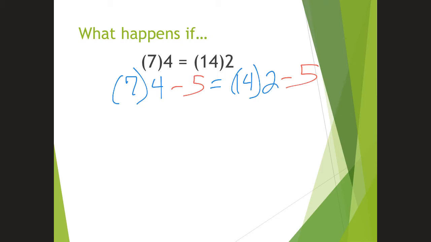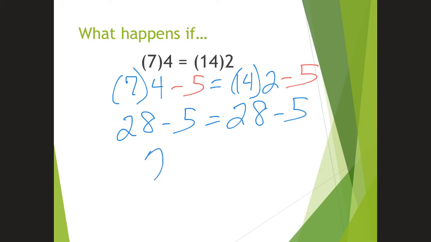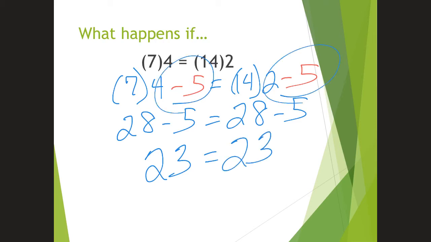So as I keep on going through this problem, I get 28 minus 5 equals 28 minus 5. And that gives me 23 on the left and 23 on the right. So when I subtracted the same thing, again, I am still balanced.